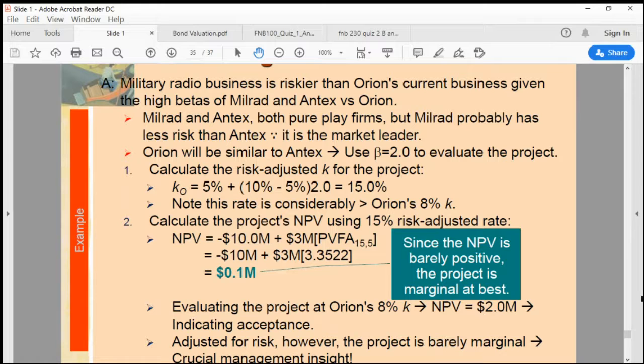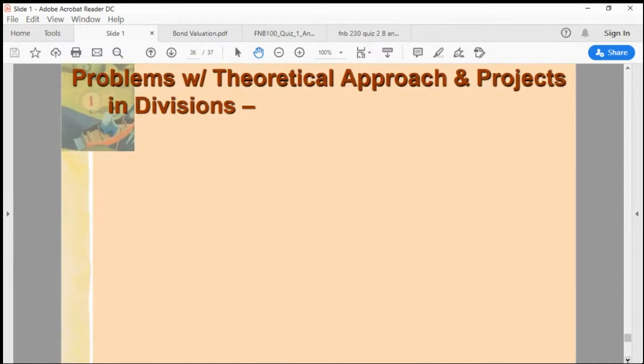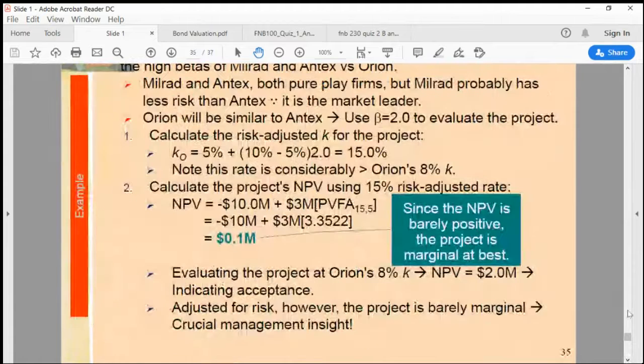Makes sense. At least net present value is not negative, right? So it depends on the company's management's decision. If management's long-term goal is not just the civilian market but also the military market, they will pursue this project.